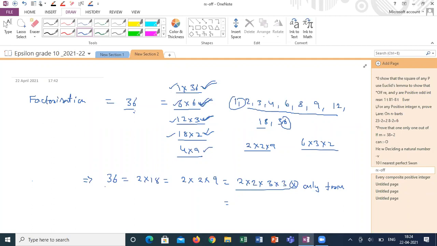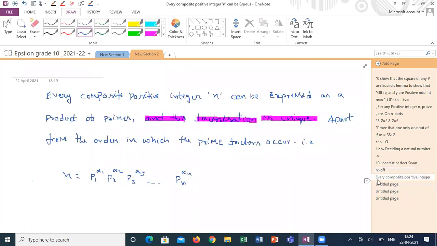This fundamental theorem of arithmetic was very useful for us to calculate the LCM and HCF in different ways. But this is only one method. One application of this theorem is how to calculate the HCF and LCM without using the division lemma.